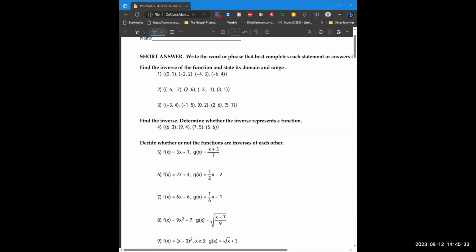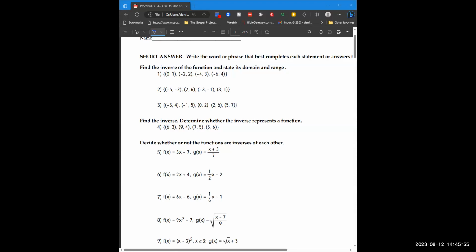We've got a range originally of 1, 2, 3, 4, and we have a mapping originally that looks like this, where this is our domain and this is our range.